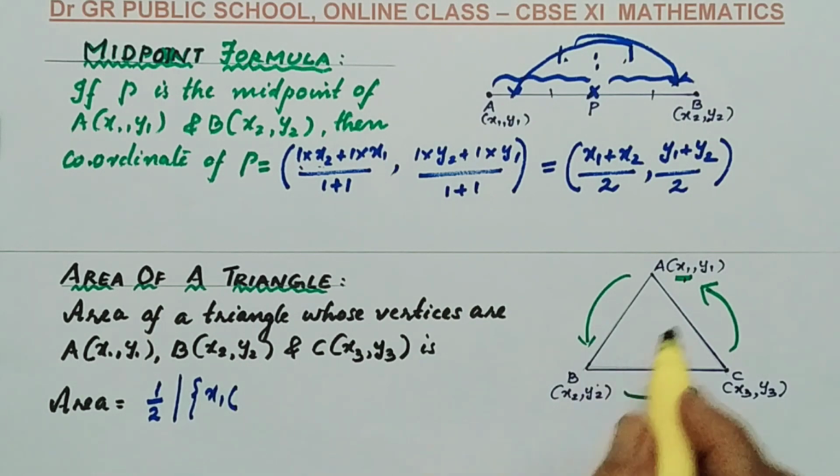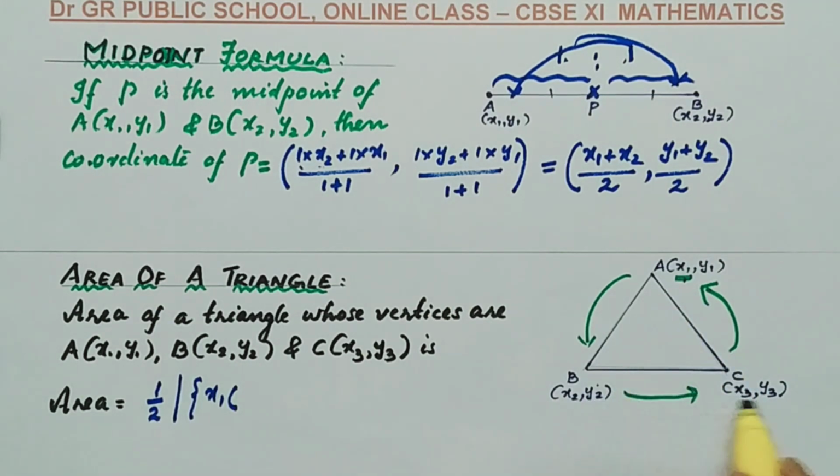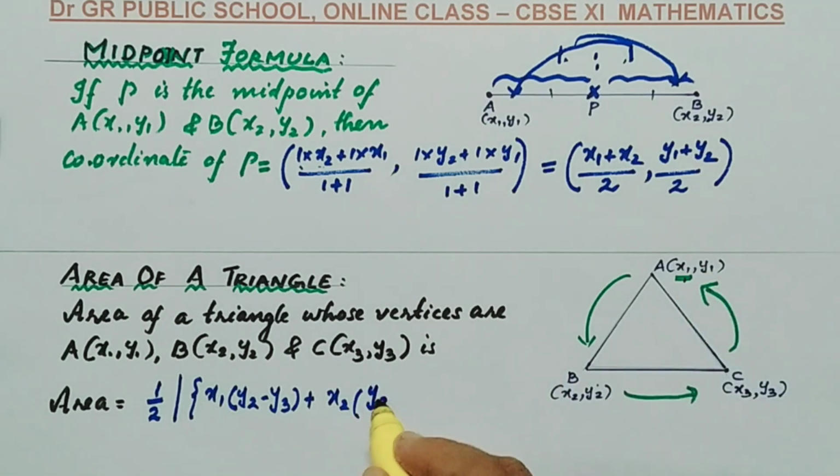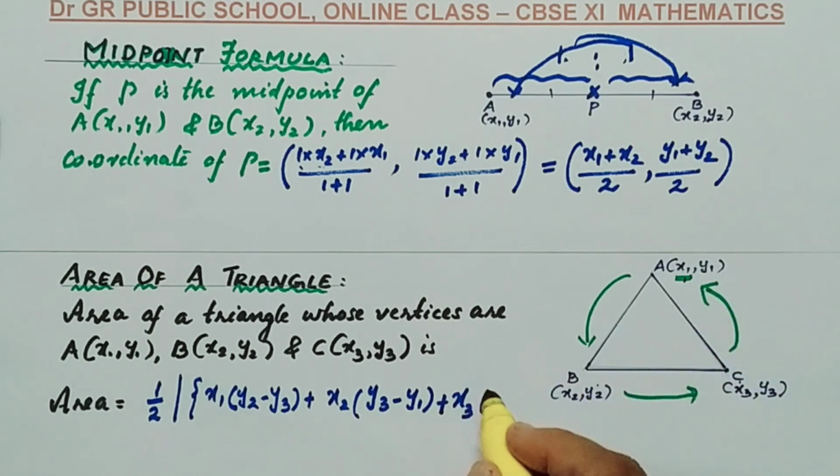So, half into x1 into y2 minus y3, plus, after taking x1, you need to take x2 into, as per the cyclic order, y3 minus y1, plus, the last is the coordinate of C, that is x3 into y1 minus y2.